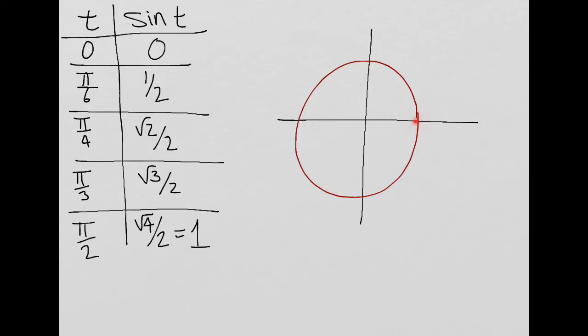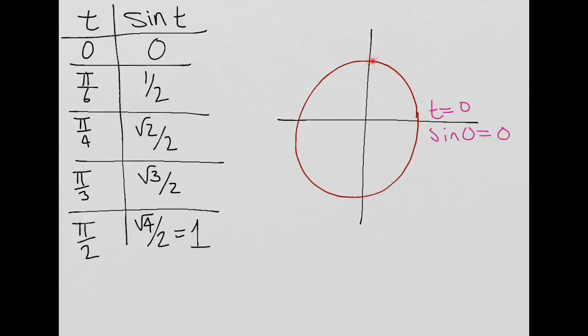So if I start here, where t is equal to 0, I know that sine of 0 is 0. And from what we see here, these are all increasing in value, but they get up to 1, and that's as big as they're going to get.